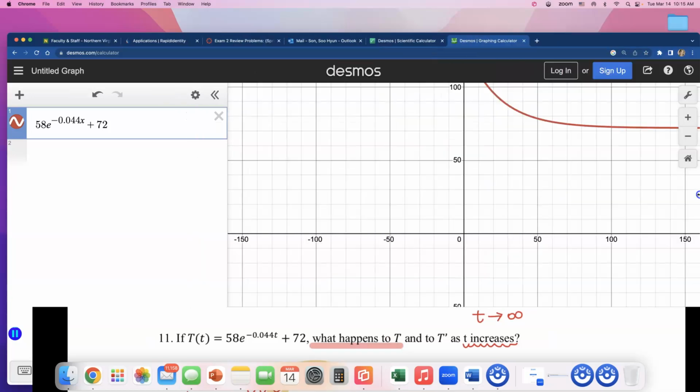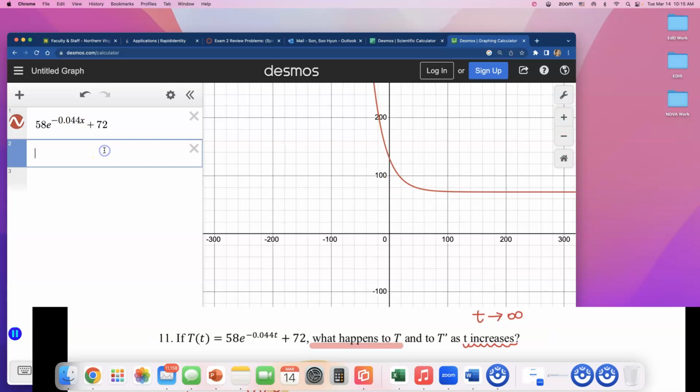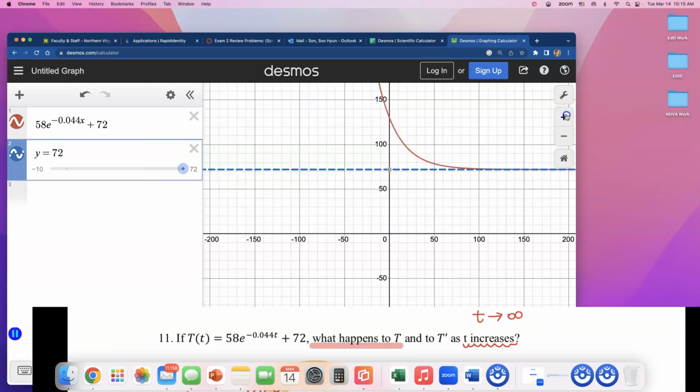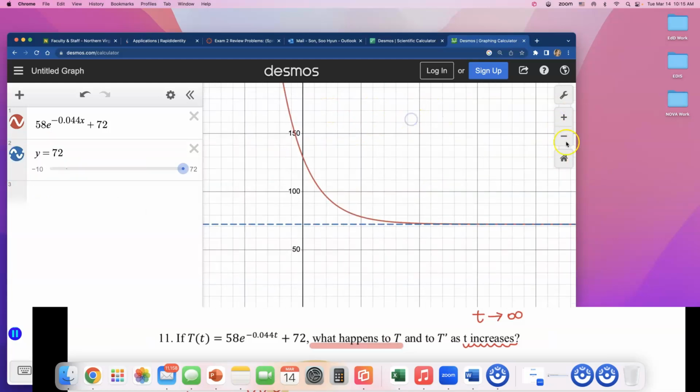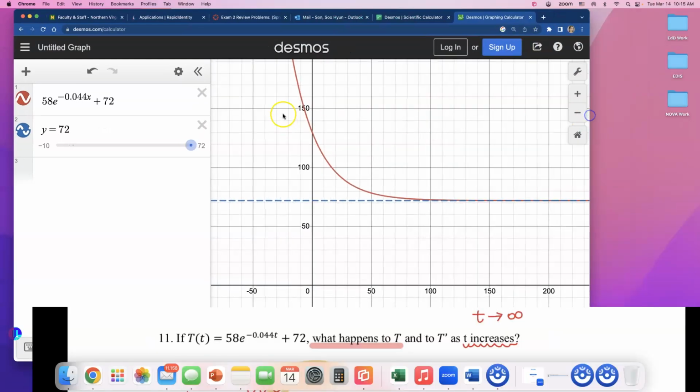You see, here's the graph of that function we were just working with. And I'm going to graph y equals 72 and use a dotted line right there. And I'll show you that what we got is correct. Now look, as x or t approaches, as the input value approaches, we're talking about how we approach the right end of this graph, okay?